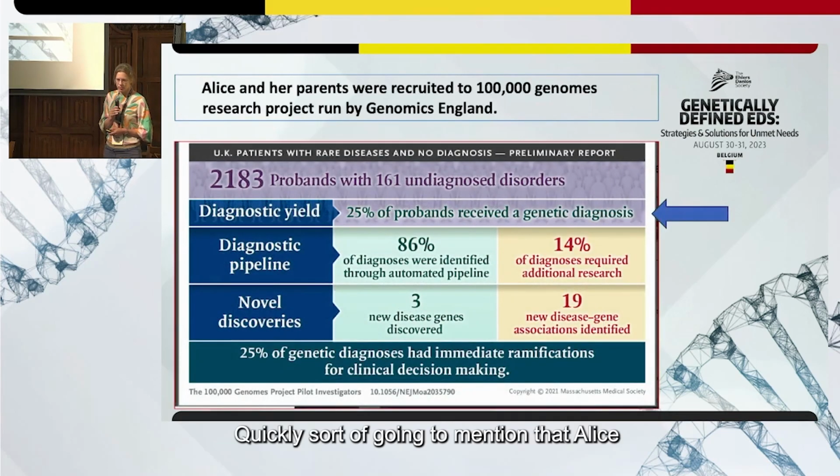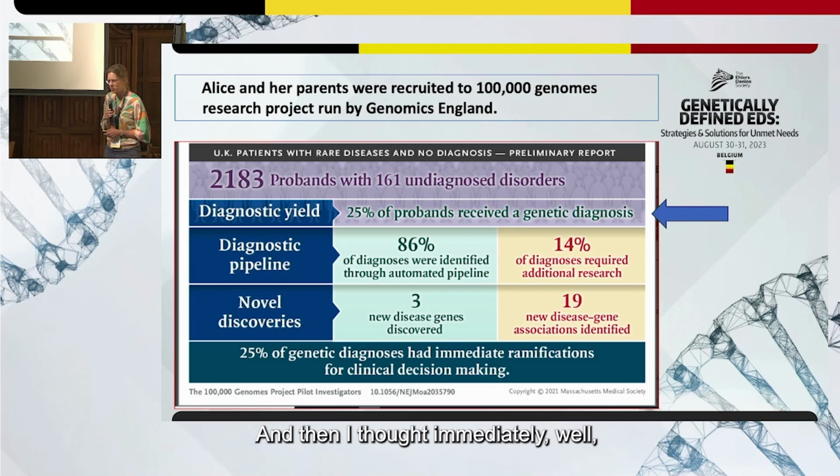Quickly going to mention that Alice and her parents were recruited to the 100,000 Genomes Project, which was a research project run by Genomics England. They recently published in the New England Journal of Medicine pilot data where they commented on 2,183 individuals. And they mentioned that 25% of the probands received a genetic diagnosis.